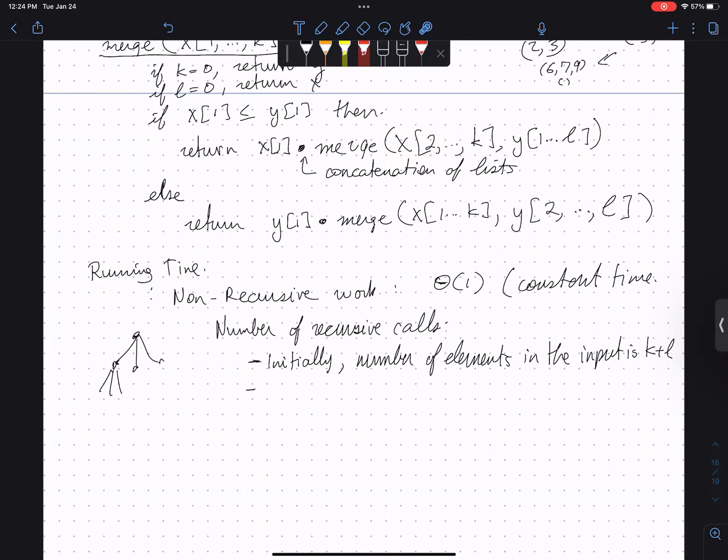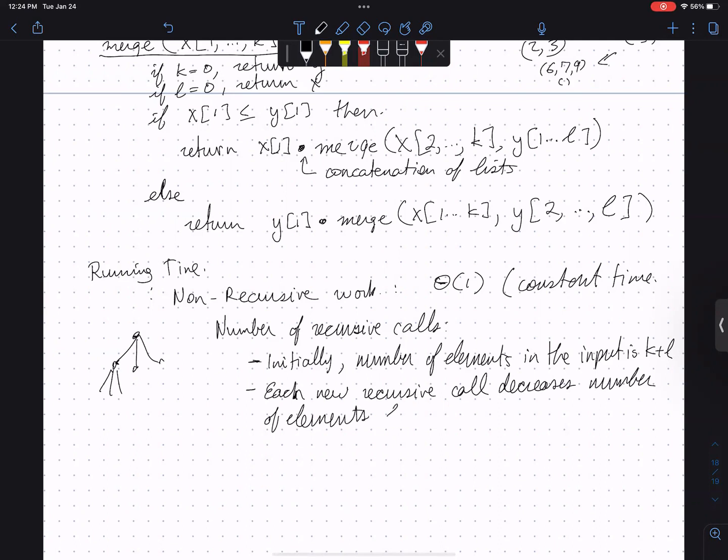We're losing exactly one element. In both calls, we're losing exactly one element. So each new recursive call decreases the number of elements by 1.